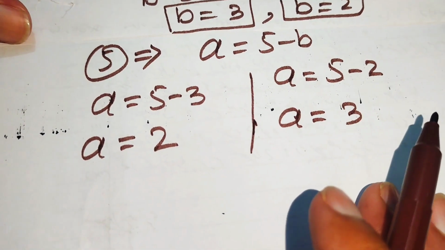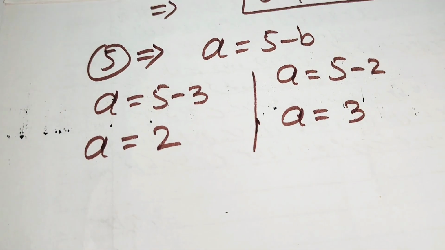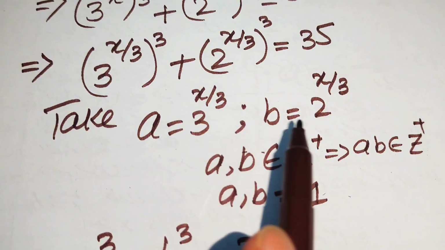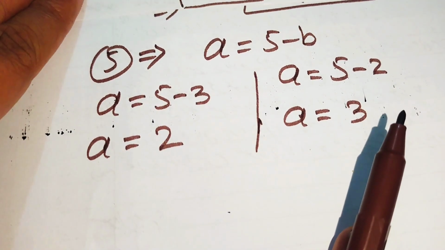Here we back substitute the values of a and b, and you see we have a equals 3 to the power of x over 3 and b equals 2 to the power of x over 3. So we substitute these two values.